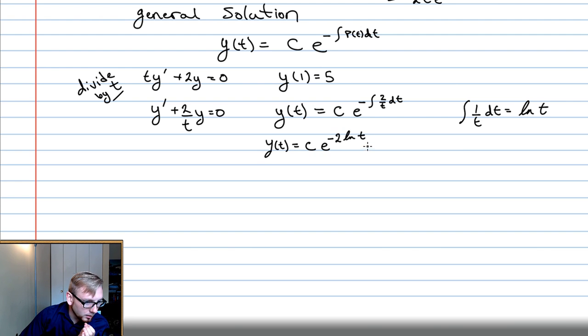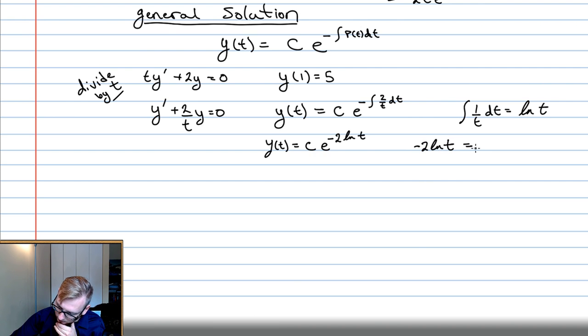We've got to use logarithm rules, and so negative 2 ln of t is equal to the natural log of t to the negative 2. That makes things easier, because then we have y of t equal to c e to the natural log of t to the negative 2.